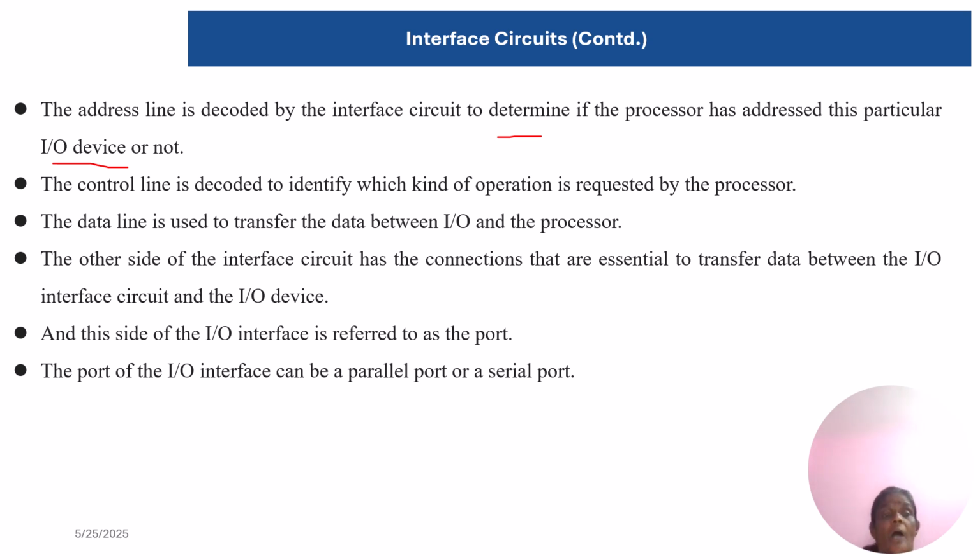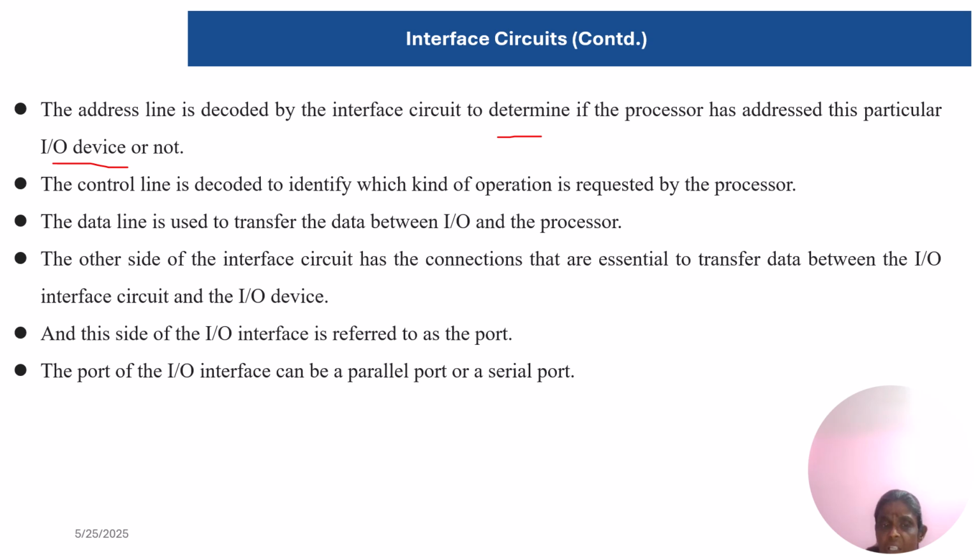And second one, control line is decoded to identify which kind of operation, read or write operation. That means it is the direction in which the data must flow. And then data is used to transfer the data between I/O and the processor.